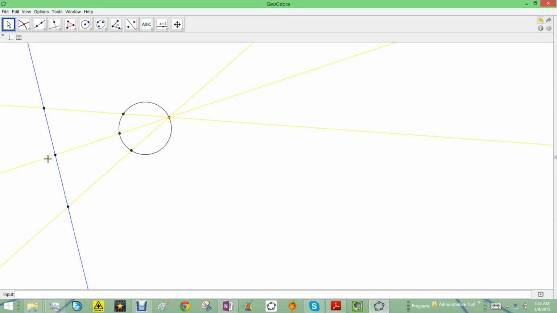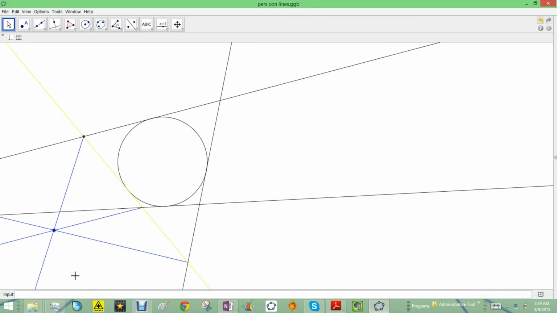Okay, so this is the basic idea of perspectivity from the range of a line to the range of a conic. Finally, we have here a perspectivity from the pencil of a blue point to the pencil of a black conic, this circle here.